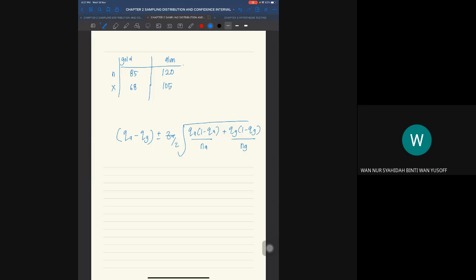Okay, you can write the formula in this form. So how to find the Q? 1 minus P. P is equal to X divided by N. Then after that, you can find the Q. Q is equal to 1 minus P.